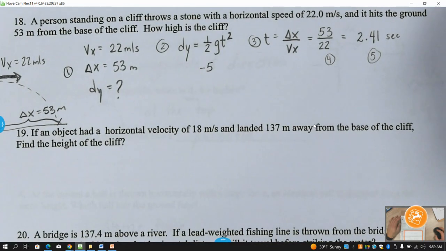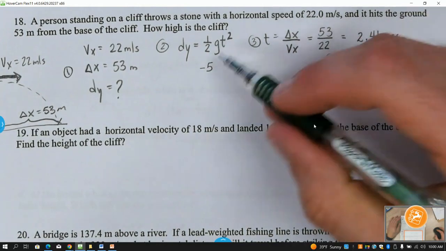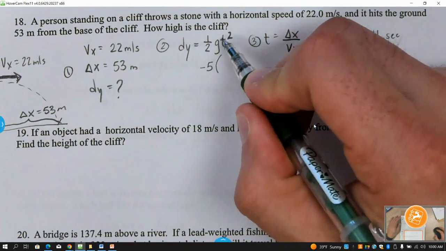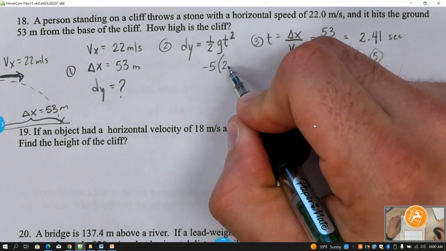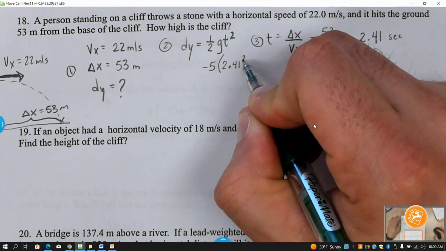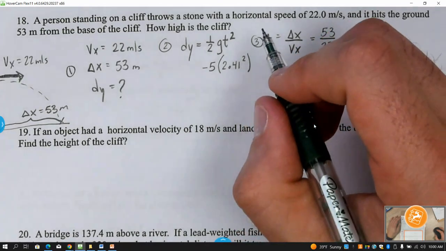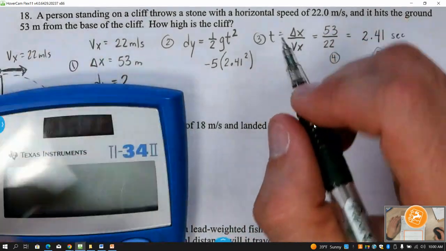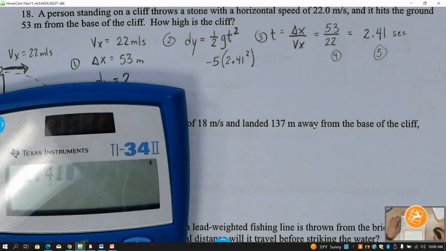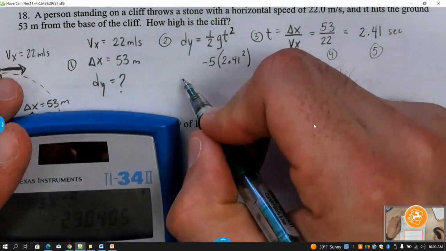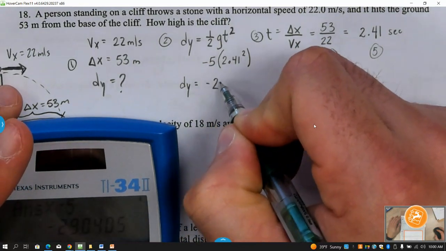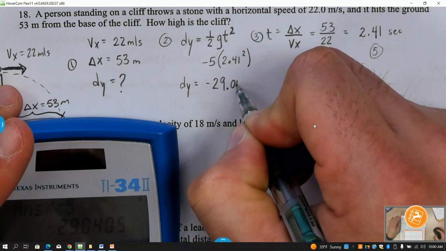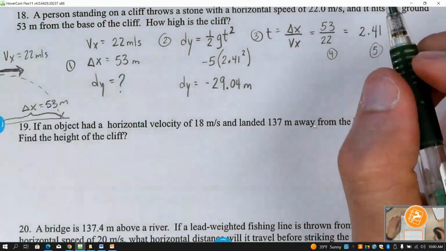And now we take this and plug it in for t. Now remember that t is squared, only t. So you're going to do 2.41 squared. So we throw that into the calculator. 2.41 squared times -5. And this gives us a vertical displacement of -29.04 meters.